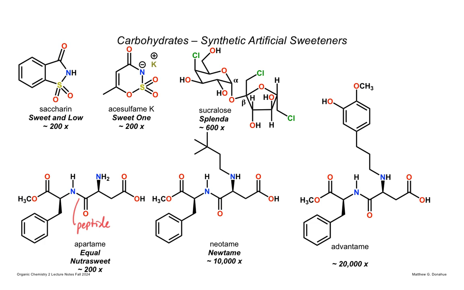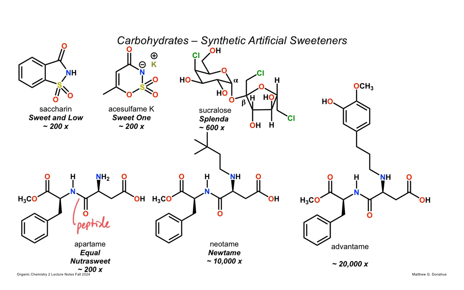Now, if you look at neotame, this one is 10,000 times as sweet as sucrose. And really, if you focus on that amine group here, what they've done is just add an aliphatic, saturated side chain.